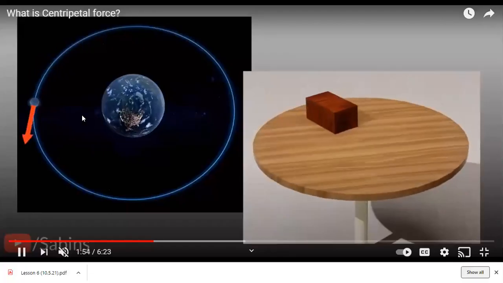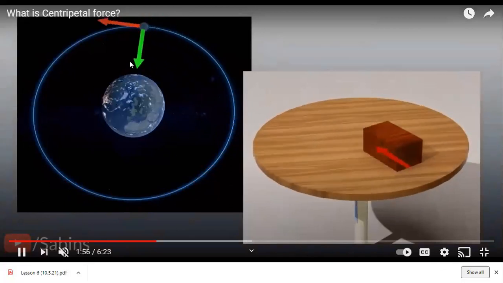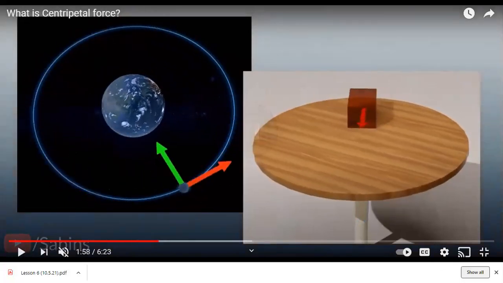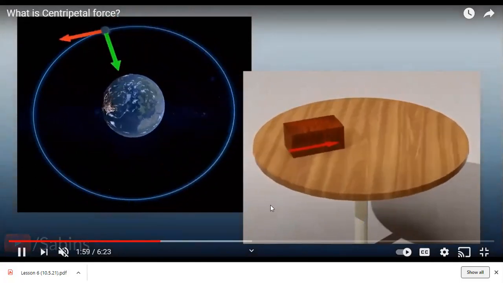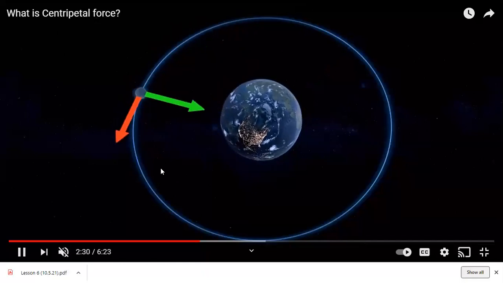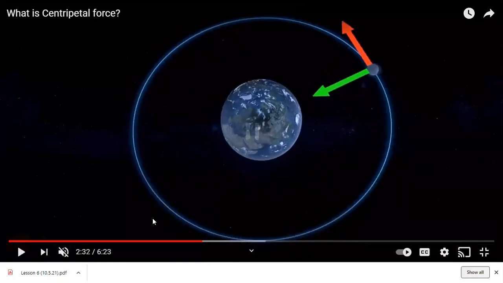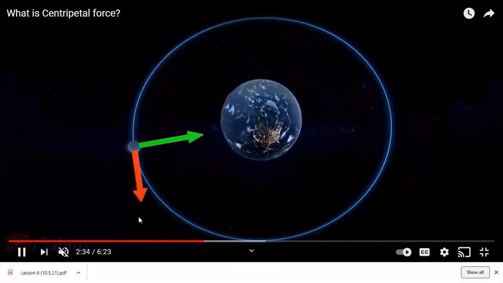Now you can see the Earth rotating, the moon revolving around the Earth, and there is a rotating table on which you have placed a box. It is the same kind of rotation that is acting centripetally inward. So students, the example of centripetal force, the moon revolving around the Earth or the Earth revolving around the Sun, that is also the same thing.